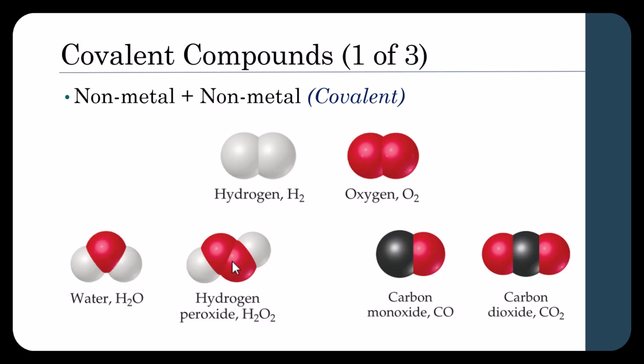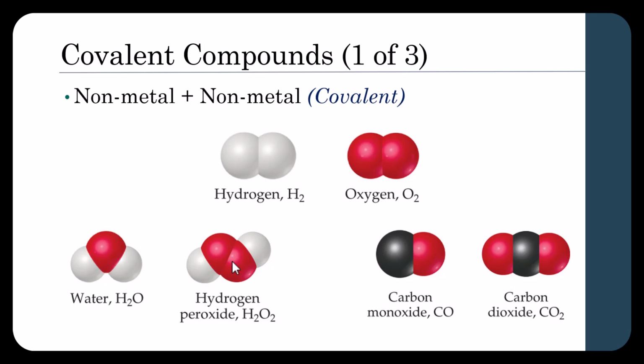We can have 2 hydrogens, 1 oxygen; 2 hydrogens, 2 oxygens; 3 hydrogens, 1 oxygen; and this can get carried away, honestly. We could have a very large array of ratios. So when we go to name covalent compounds, we have to tell the viewer how many of each atom is there.